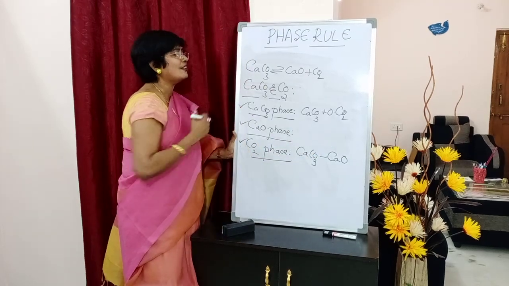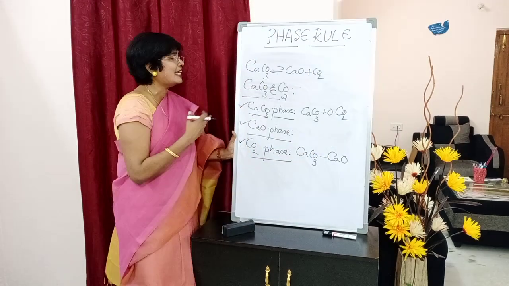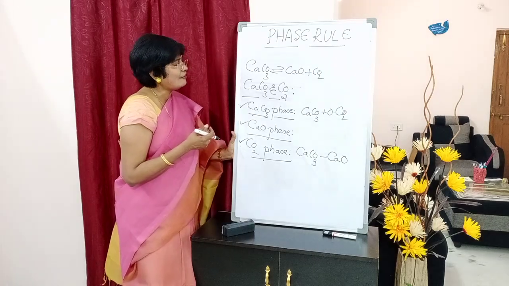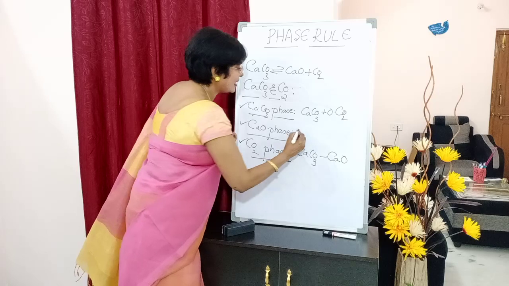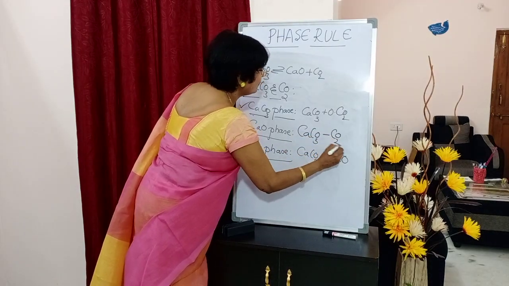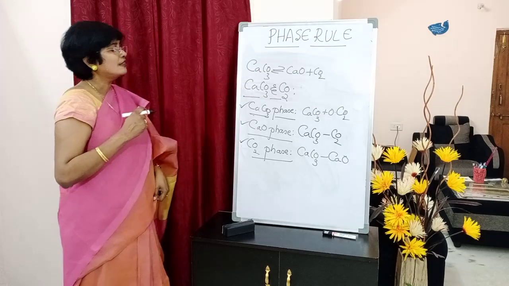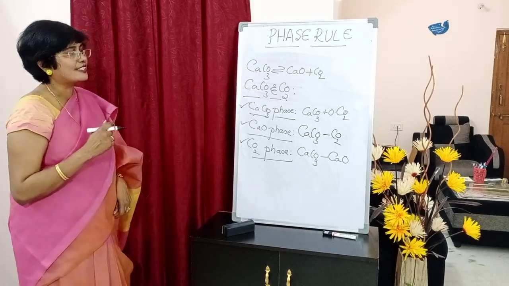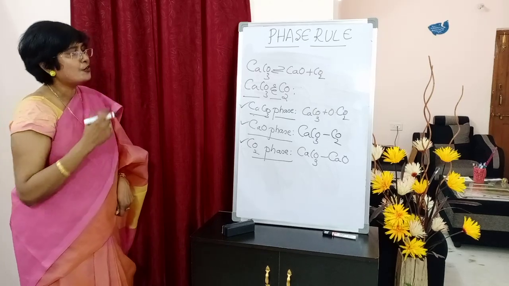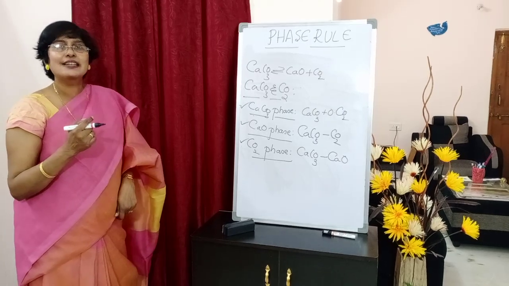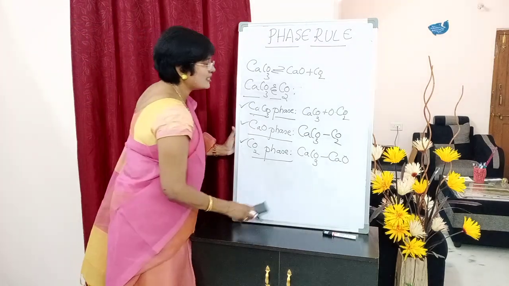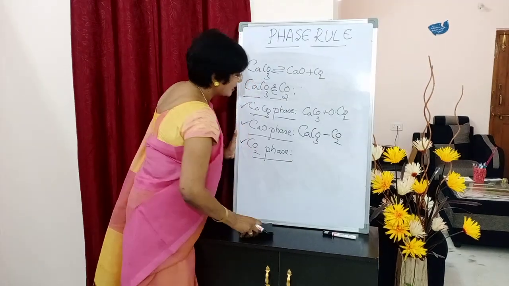Next, CaO phase. CaO phase is not at all there. That means CaO is not at all there in these two. So, how will you write? CaO phase. Shall I write here? Yes, CaCO3 minus CO2 gives you calcium oxide phase. If you subtract CO2 from calcium carbonate, you will get CaO. Got it? Next, CO2 phase, how will you get students?